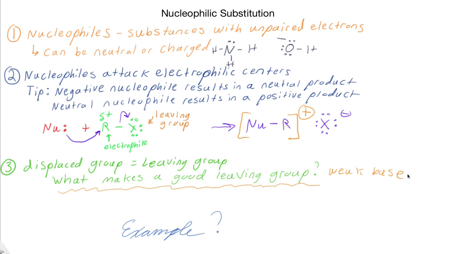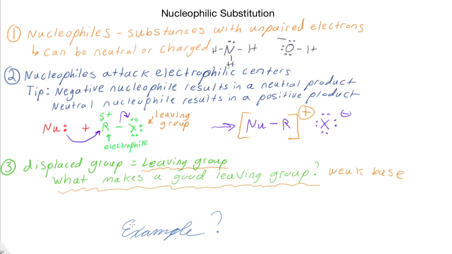That's a good leaving group. But there's other things I want to talk about, so I'm going to save that for another video. But the displaced group, which is sometimes what they'll call it in your class, just know that it is your leaving group. So our leaving group is our displaced group, which is right here, this halogen.